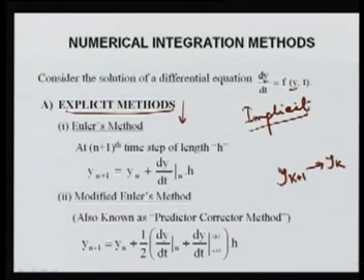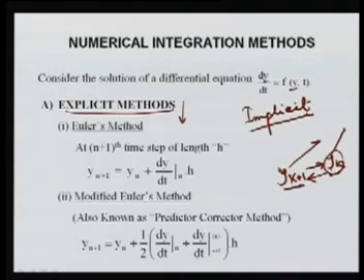Knowing yk, we can interpolate that value to get the next step. However, in the explicit methods, we use this value to get yk plus 1. So this is the difference, and the example of an implicit method is nothing but the trapezoidal rule of integration, where linear interpolation is used.